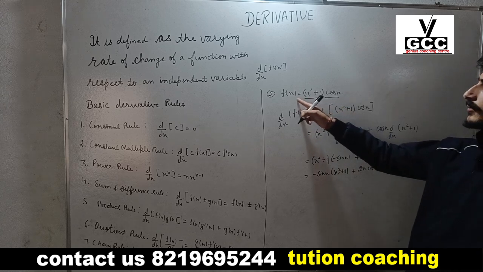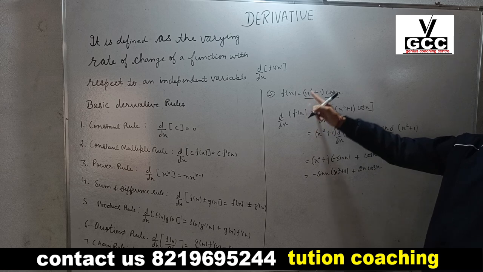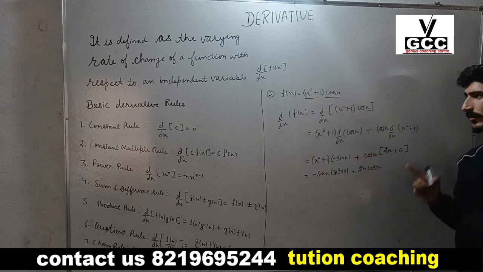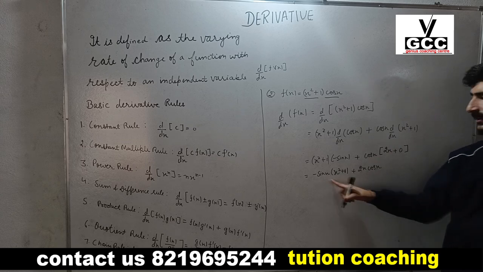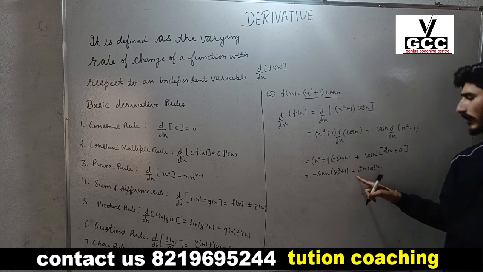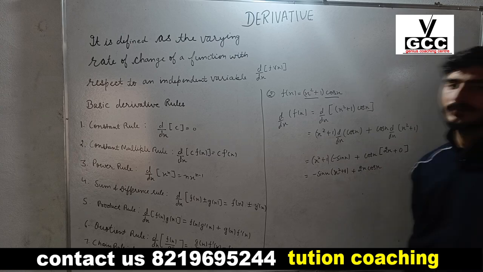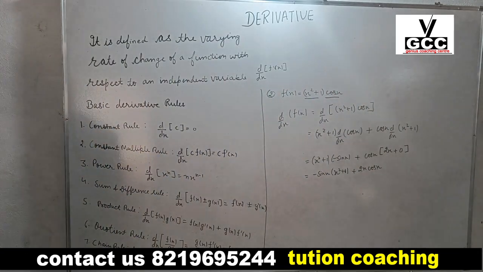This is the answer for the given f(x) equal to (x squared plus 1) cos x. The derivative of (x squared plus 1) cos x is equal to minus sin x (x squared plus 1) plus 2x cos x.